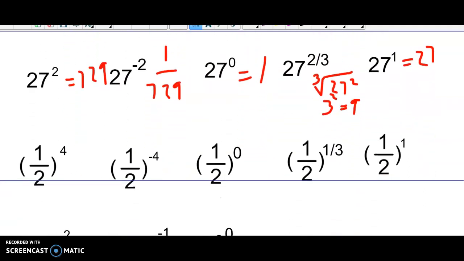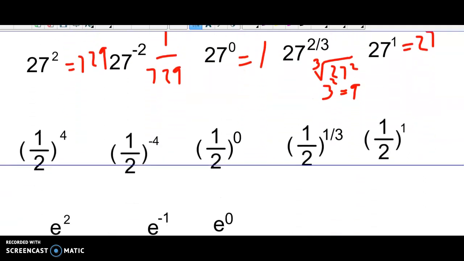Okay, if I have a fraction raised to the fourth, I multiply 1/2 times 1/2 times 1/2 times 1/2, just like anything else. Okay, and so then I'm going to get 1/16. If I raise a half to the negative fourth, then I end up taking 1 over 1/16.